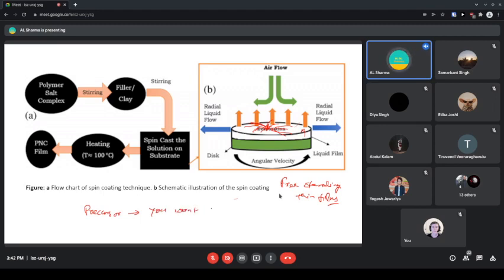Suppose you want to deposit or make iron oxide nanoparticles, then you have either iron acetate, or iron nitrate, or other iron salts, and you can make it accordingly. Iron is 2 plus or 3 plus, accordingly it is.